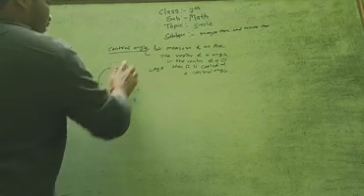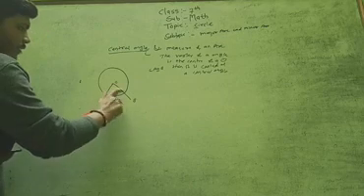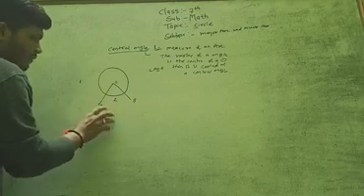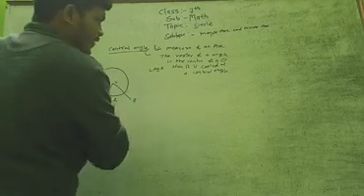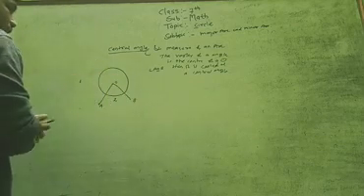This is the definition of the central angle. Consider angle AOB, and what is O? O is the vertex of the angle AOB, and O is also the center of the circle. So this is the central angle.